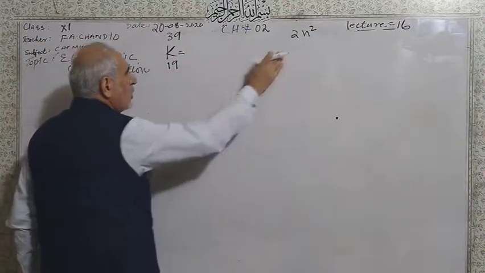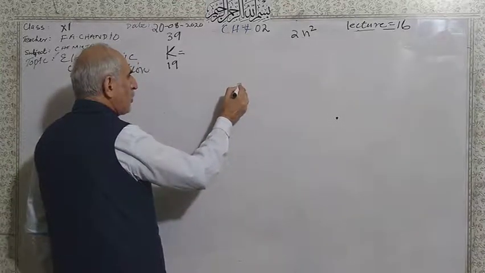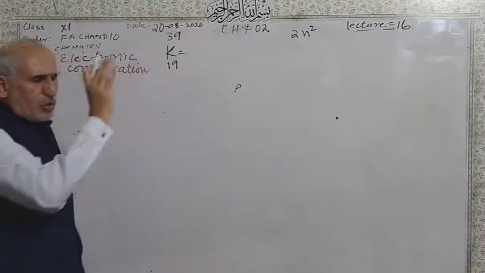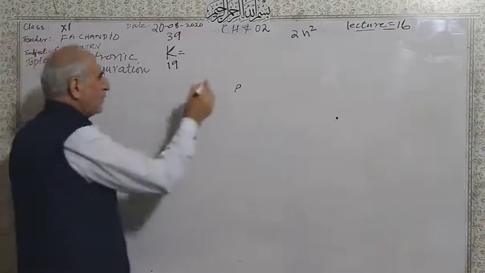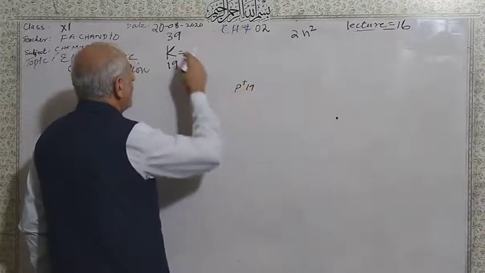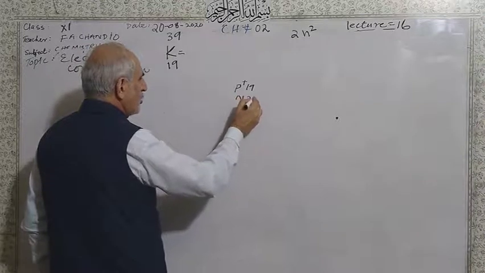According to Bohr's model, the atomic number and the number of protons are the same, as you have done in Moseley's theory. So protons are 19, and 39 minus 19, so neutrons are 20.